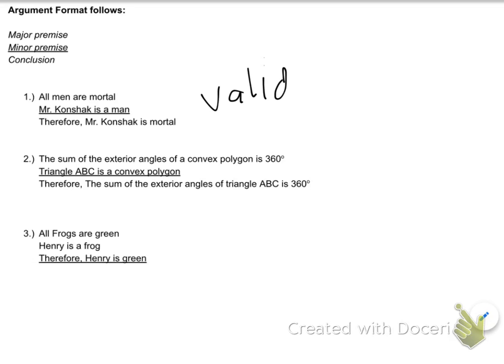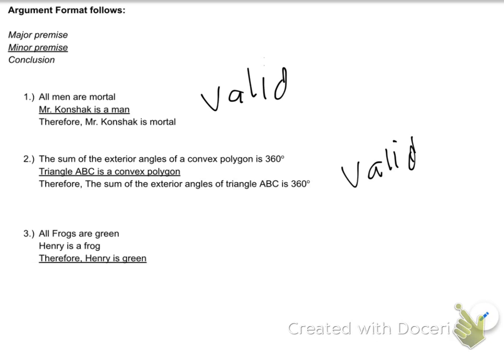Triangle ABC is a convex polygon. Therefore, the sum of the exterior angles in triangle ABC is 360 degrees. Is that a valid or invalid argument? Valid. Why is it valid? Because triangle ABC is a convex polygon, and the sum of the exterior angles of a convex polygon is 360. Correct.